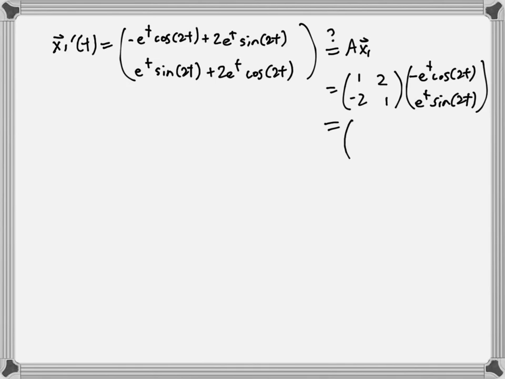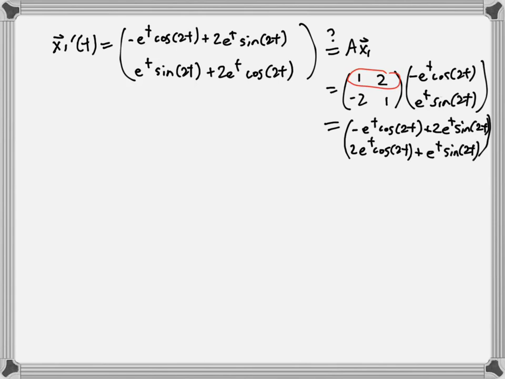Remember, you've got to do top row first. I need to do this times that column. And we get negative e to the t cosine 2t plus 2 e to the t sine 2t. And then if I do the second part, negative 2 times negative e to the t is just 2 e to the t cosine of 2t plus e to the t sine of 2t.